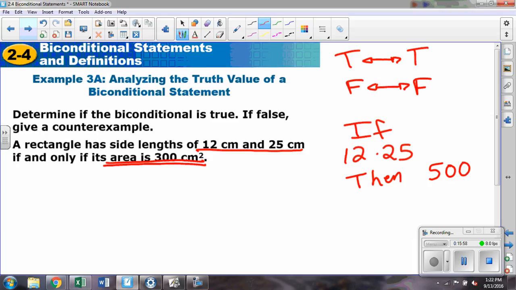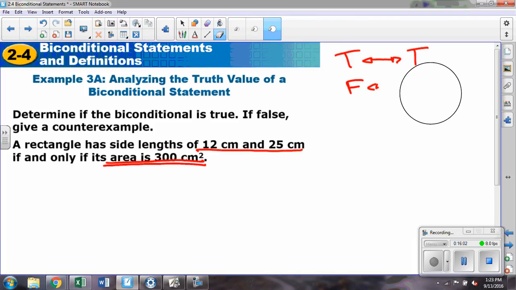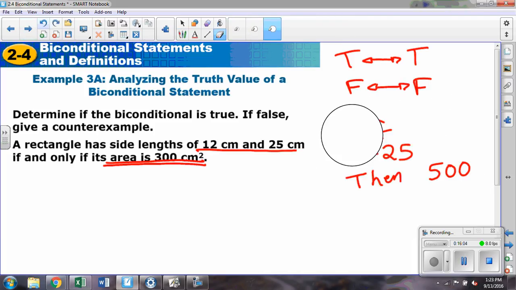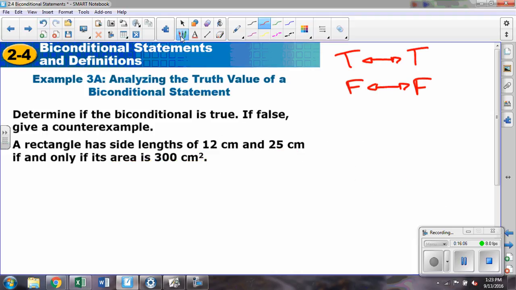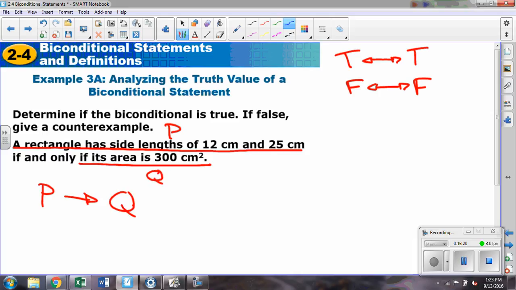So this is a situation where, and I want to try to clean this up so it's easier for us to see. We recognize the hypothesis, we recognize the conclusion, and so going this direction, this is a false statement.